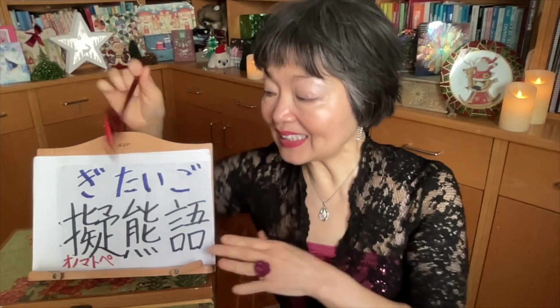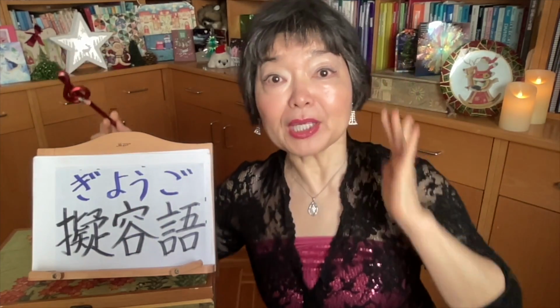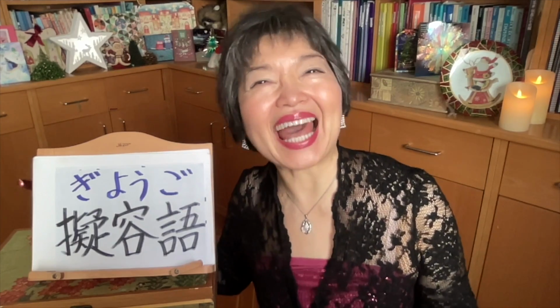And in the category of Gitaigo, there are three. The first, Gitaigo, is the language that imitates the condition or the state. For example, kirakira. Then giyogo. This second kanji, yo, means appearance. So giyogo describes the movements of human beings and also animals.